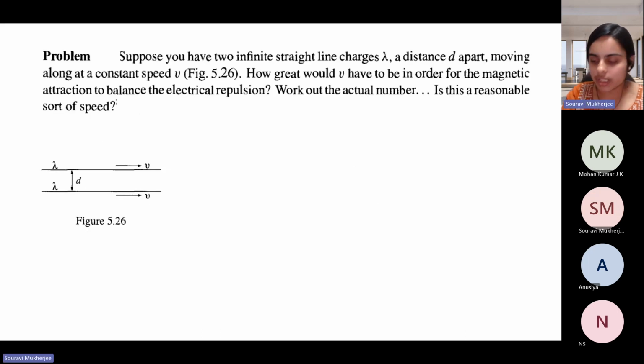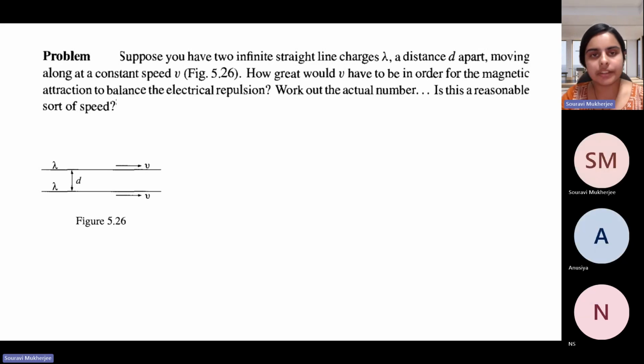Now, thinking along similar lines, suppose you have two infinite straight line charges. Before I proceed, it's clear why it's an attractive force? Okay, I'll consider that it's clear.